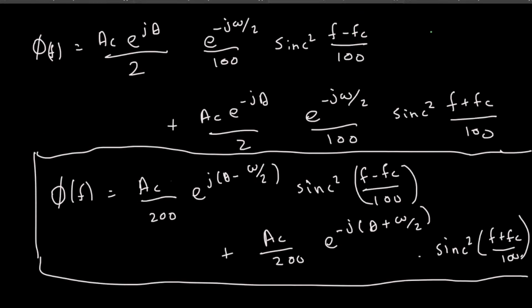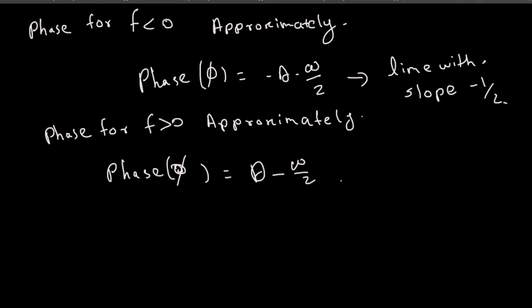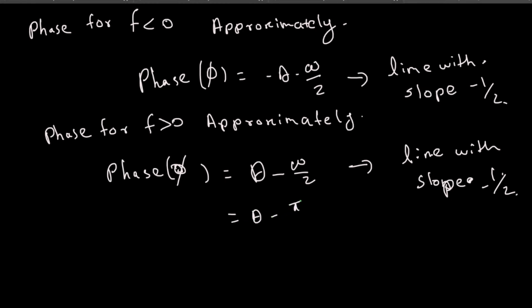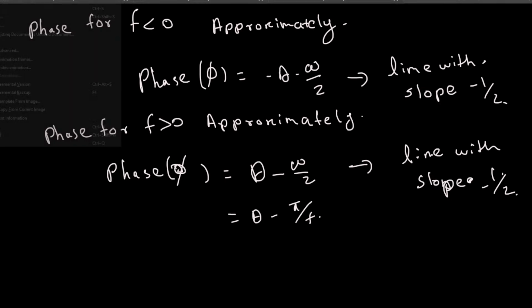Okay, and then this one is a line with slope negative half as well. And this is theta minus phi over f. Now let's go ahead and draw the spectrum.